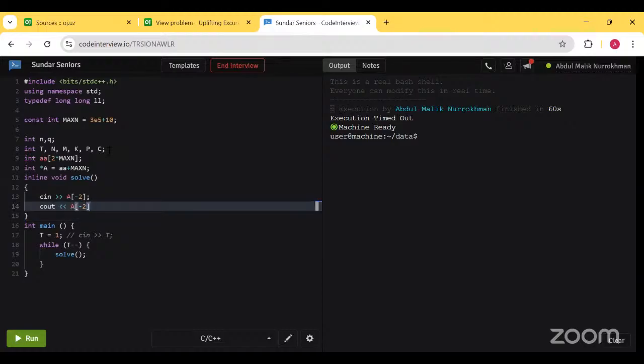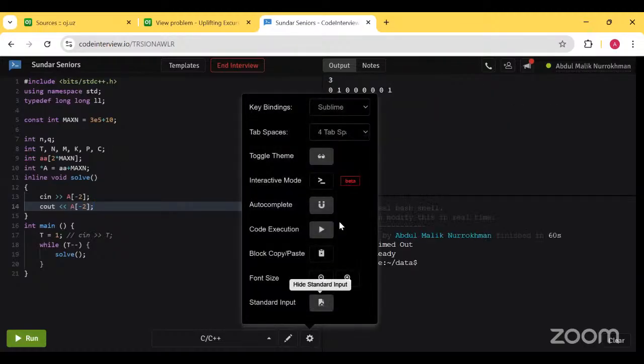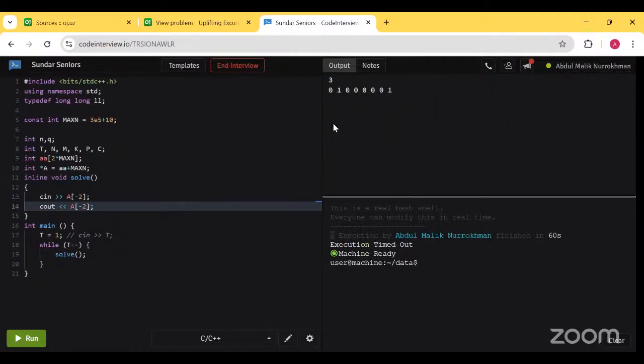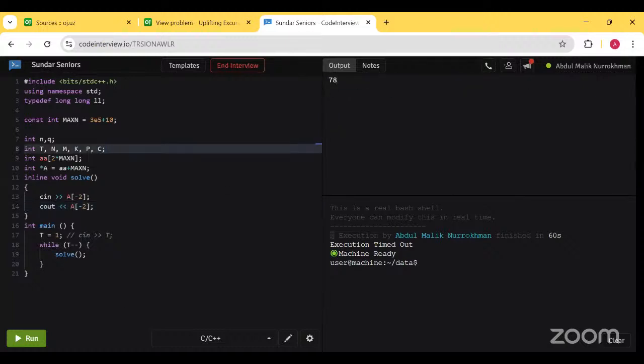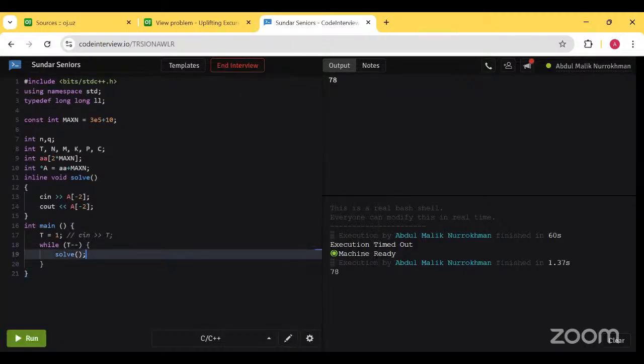Let's try this. Okay, is it correct? Have you ever used this trick?